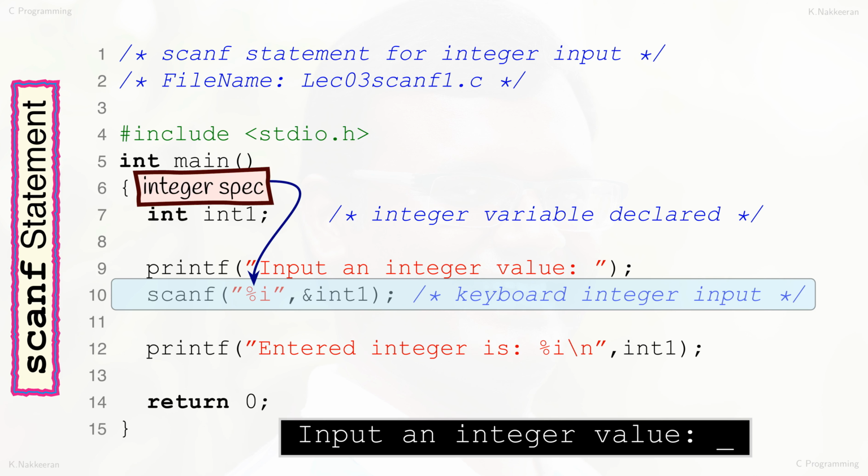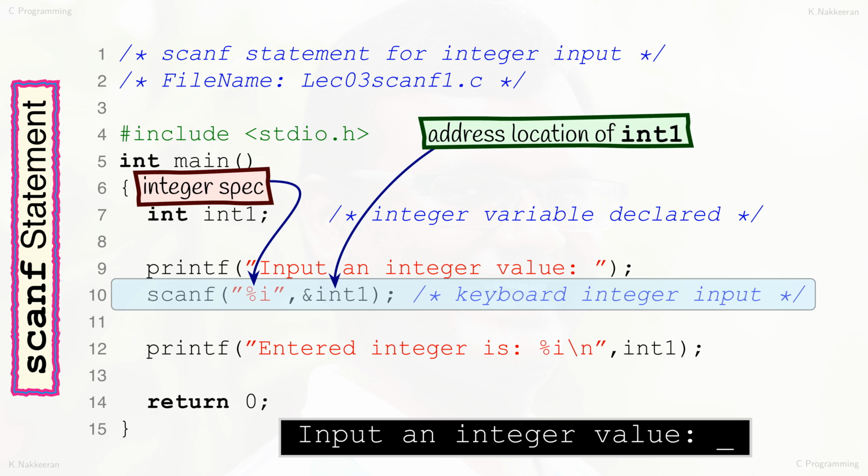First one, that is within the double quotes, is meant for the specification of the value that has to be input through the keyboard. Here %i specification is written for the integer value to be input through the keyboard. Don't use padding or point specification in the scanf statement. It must be written simply as %i, %f, %c and so on.